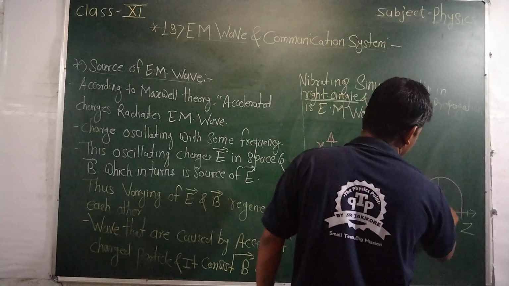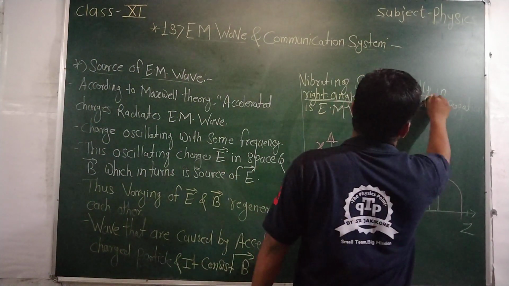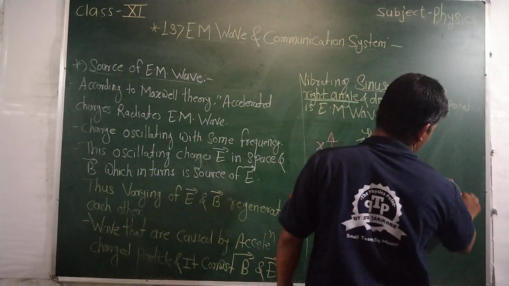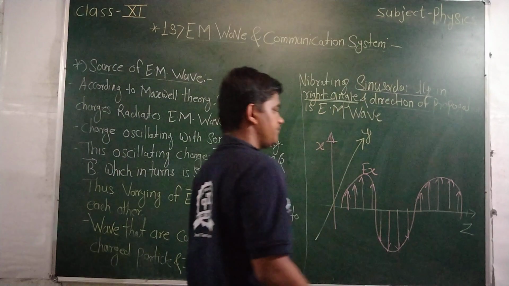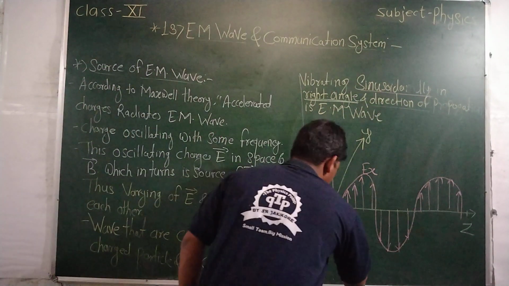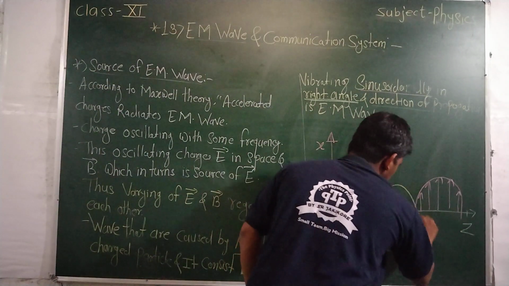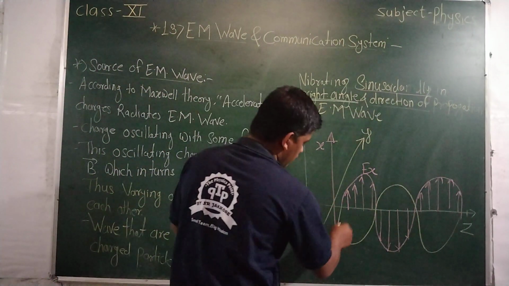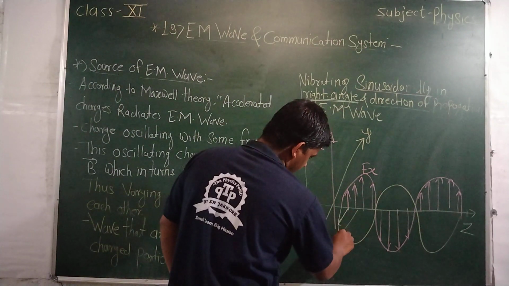They are sinusoidal. Now I will draw the magnetic field, and the magnetic field is perpendicular to this axis. It is like here.